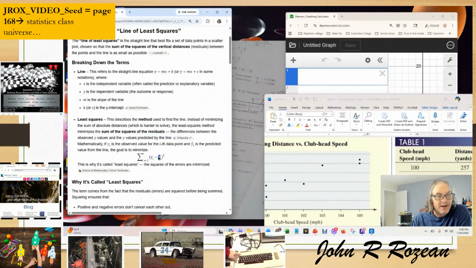Y hat is the model, the predictor. Y sub i is an observation at i, which is really x. And n, again, remember, is the total in your sample.